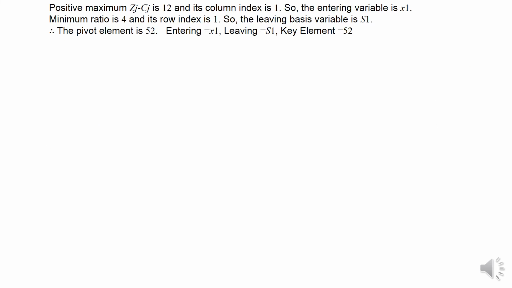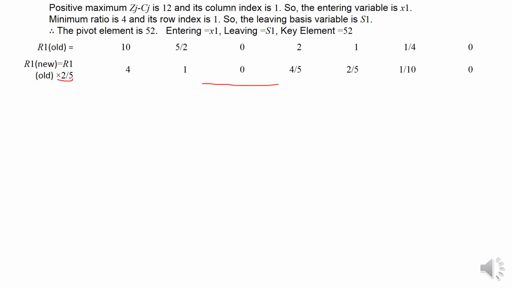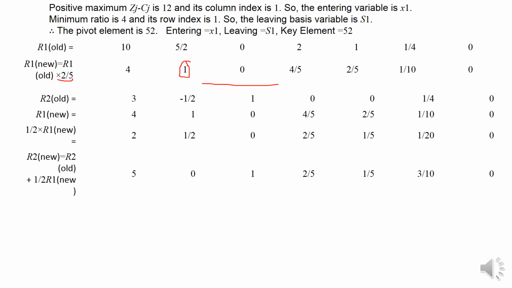The calculation on the rows will be, first, the pivot row. The pivot row is the R1 row and we have to divide it by 5 by 2. It means we have to multiply by 2 by 5 and we get this row. So this element has become 1. Now the R2 row old is this one. R1 new we have calculated just now, and 1 by 2 into R1 new is this much.